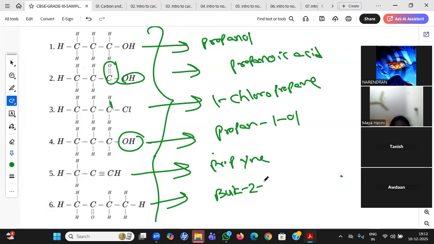There's no butan-1-one, so you write butanal. Okay, right answer. Butan-2-one or butanone also right. Butan-1-one does not exist. You're absolutely right. So then that will be again the aldehyde group.